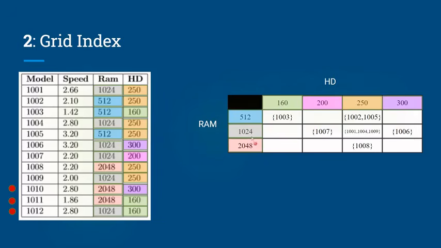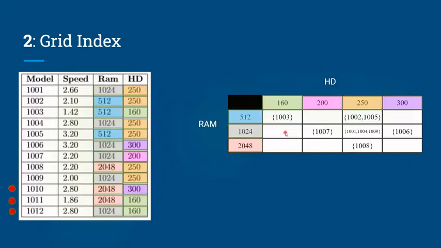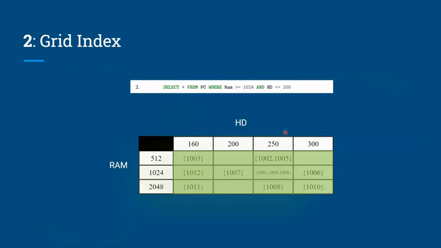And 1011 should be at 2048 intersecting with 160, so we'll be having 1011 right there, and 1012 would be in 1024 intersecting with 160, right there. Okay, so at the end, this would be our final state of such grid index, indexing every entry from the original data table.